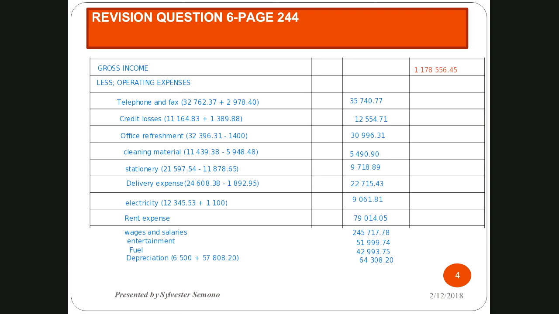Okay, let's go and check the other expenses. The only other expense is number 13, but we can't put this one because it's an interest. Now we must add all the expenses together.